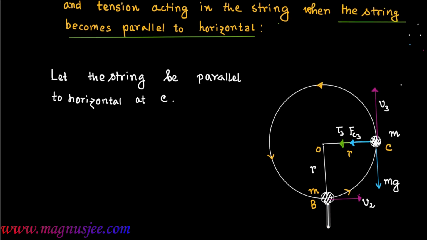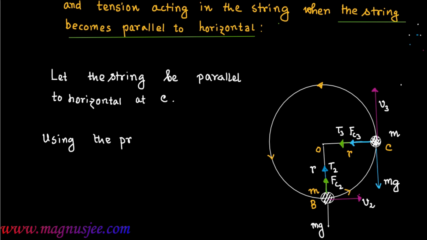V2 is the tangential velocity at the lowest point B. Weight of the body mg acts vertically downwards at the point B. Now we have to find the expression of V3 and T3. At the point B, tension T2 acts in the string upwards, and Fc2 is the centripetal force acting on the body at the lowest point B.